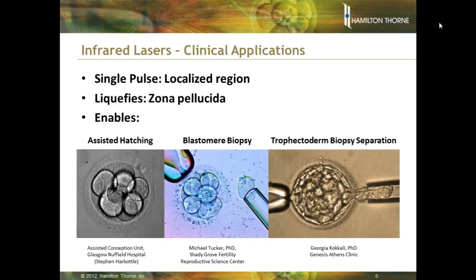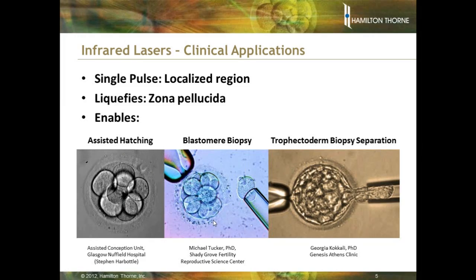The infrared lasers that we have are used for assisted hatching, blastomere biopsy, and trophectoderm biopsy. And we've just shown pictures here of the typical single pulse hole generated in the zona pellucida for assisted hatching. For blastomere biopsy, we usually remove a larger region.